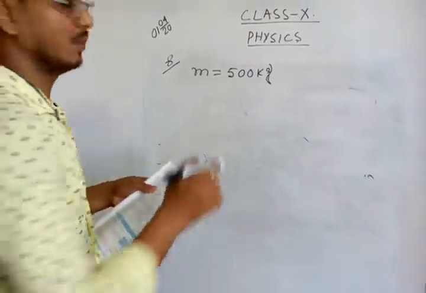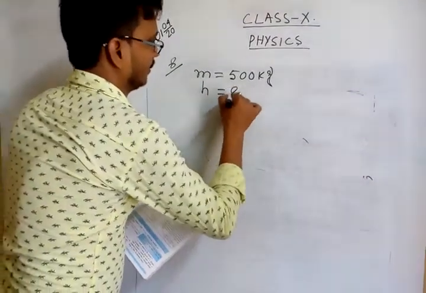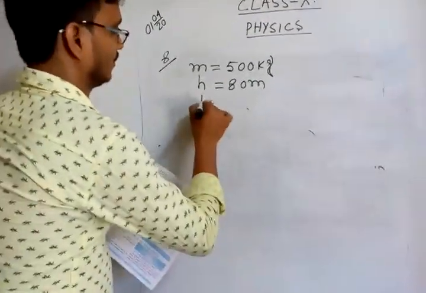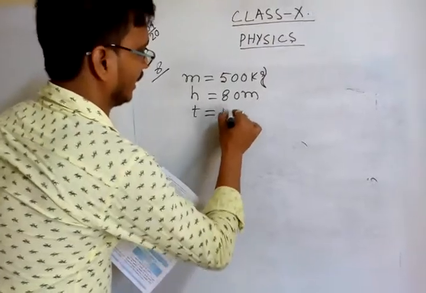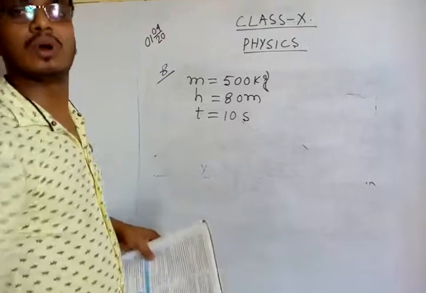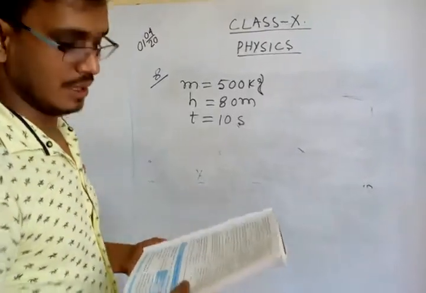That means mass is mentioned, 500 kg, height is mentioned, 80 meter, and time is also mentioned, 10 seconds. So you can see it's kg and meter, both in SI units, so no need to change any unit.